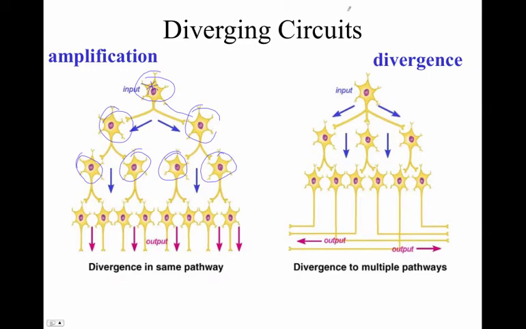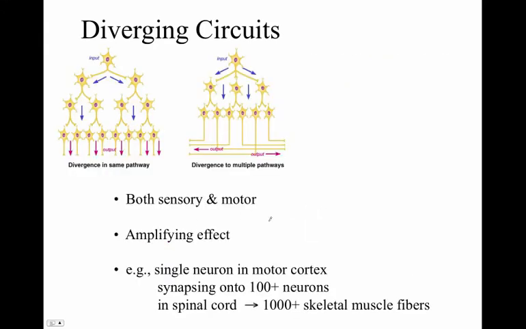Divergence inside of the grouping of a diverging circuit, still the same idea of one input, but as we hand that off to the successive neurons that we're adding into the mix, we go ahead and have this signal split to do two different things. So these can be both sensory and motor. They both have an amplifying effect.